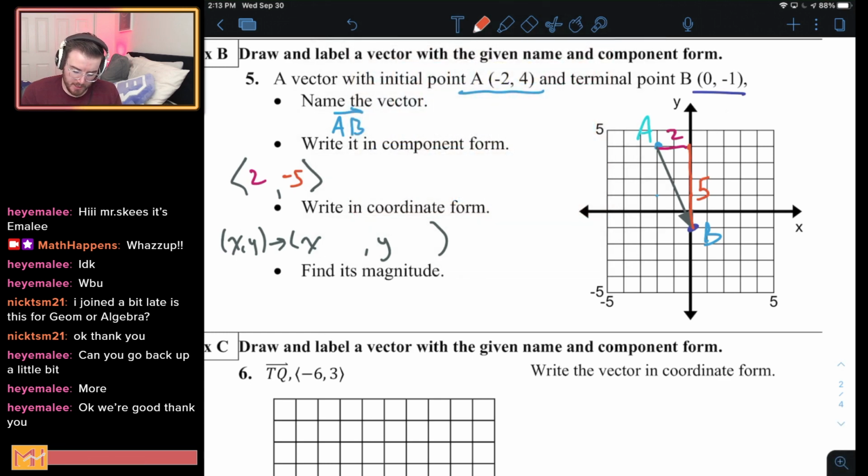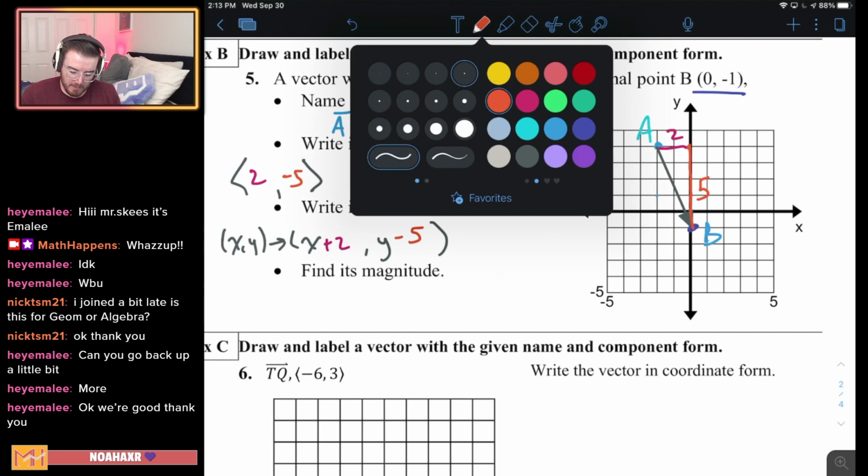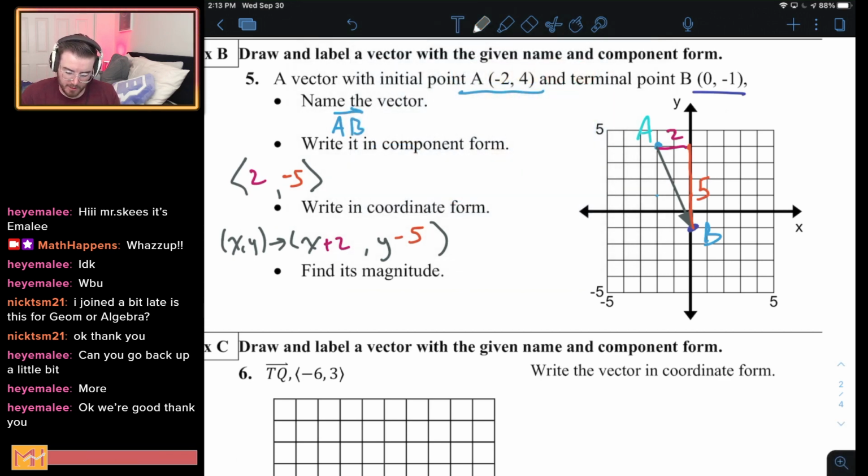And I can also say we added 2 to x, and we subtracted 5 from y. And again, I hope that makes a whole lot of sense, because we literally have the two coordinates right here and right here. -2 plus 2 gives me 0. 4 minus 5 gives me -1. Look at that.